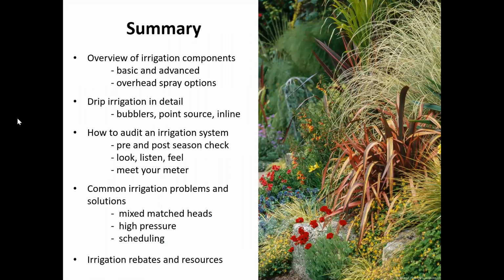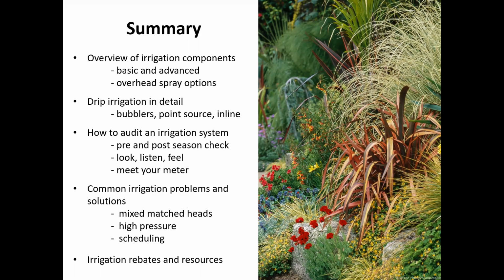So in the past almost hour, we've talked about quite a variety of different things. We've reviewed the irrigation components, basic and advanced, the different types of irrigation that you might see on your individual valves. We've talked about the different types of drip irrigation and when they're appropriate for certain situations, how to audit your irrigation system, what you need to do in spring and fall.